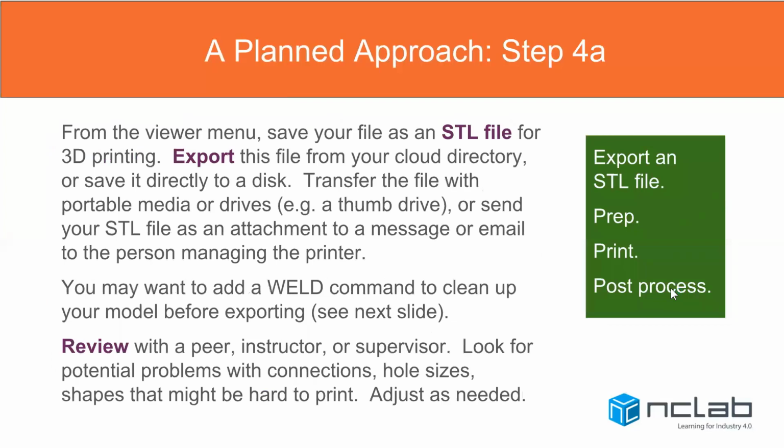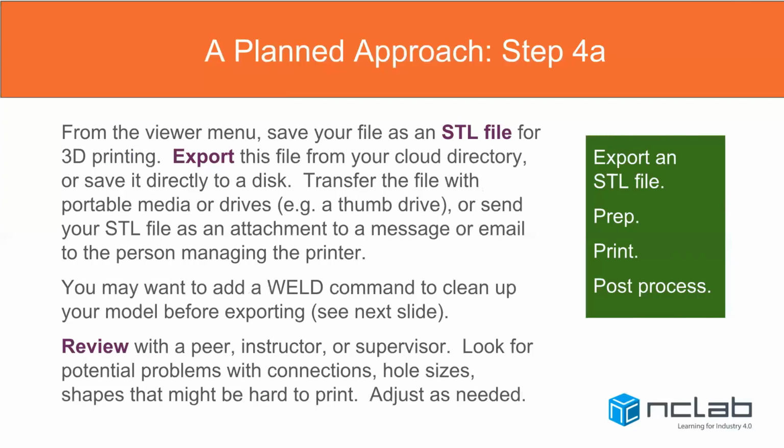Okay, the green box. This may be a new experience for a lot of people. So you're going to start by exporting your file as an STL file for printing. And you can save that in your NCLab cloud directory, or you can save it to a disk. You want to check with your printer to see what kind of media it accepts if it is not connected to a computer.